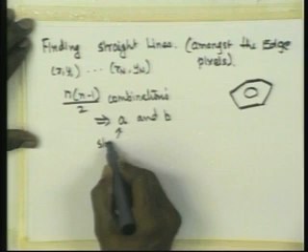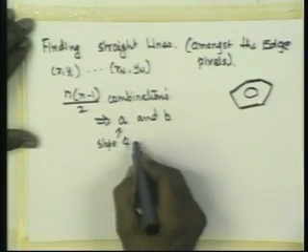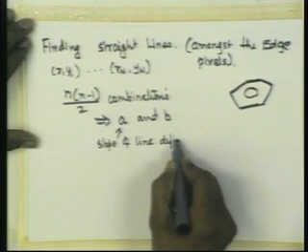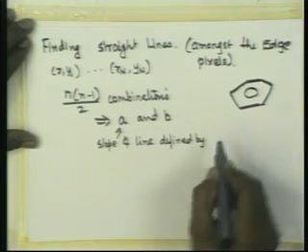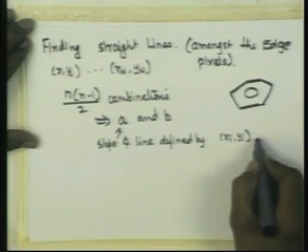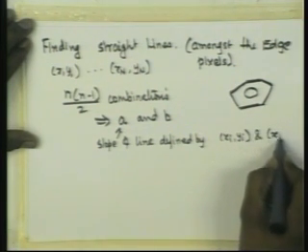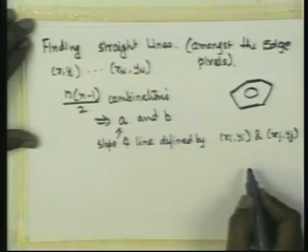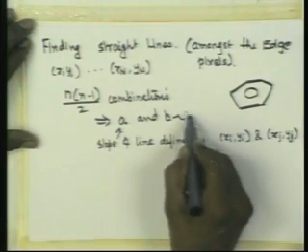So this is the slope of the line defined by xi, yi and xj, yj. Similarly, this is the intercept value.